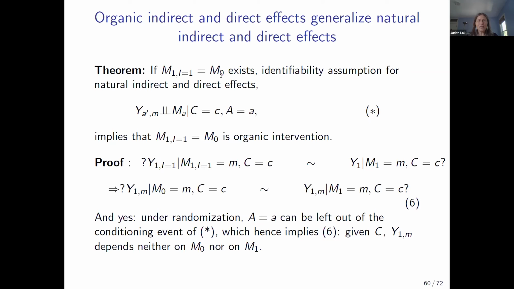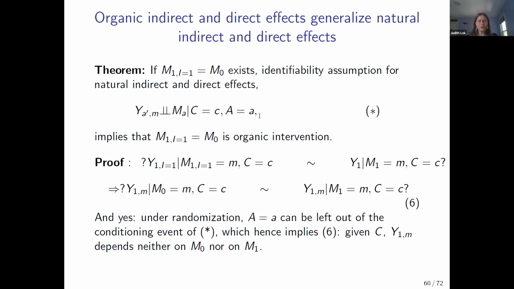I can probably best say, if there is the closest possible world to this one and everybody agrees on that closest possible world, where the mediator is set to its value under no treatment while the people are treated, then the usual identifiability assumption for natural direct and indirect effects that I found in the literature is this one.